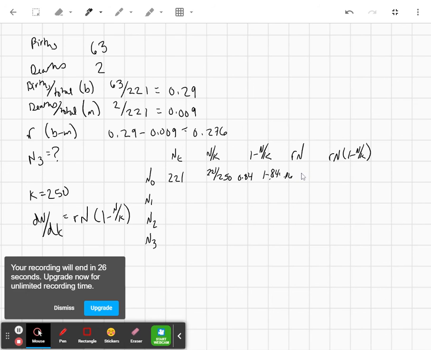R times N is from above, so that's 0.276 times N, and here that's 221. So we put everything together, and that's equal to 7.076. So that's equal to 61.